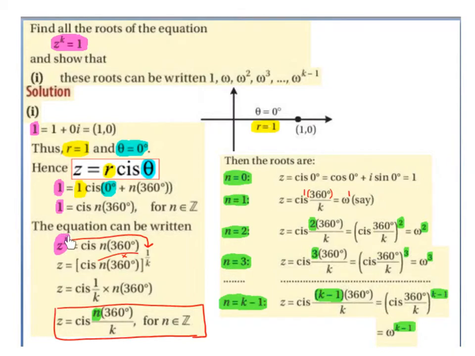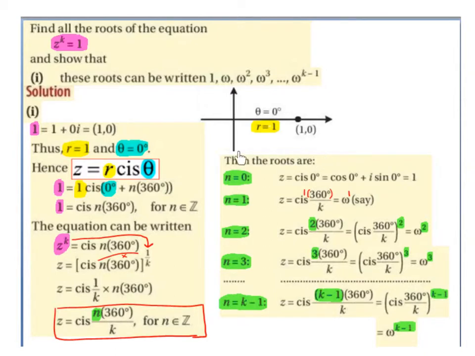The k comes over the equal sign and becomes the power of 1 over k. So we get z equals (cis n times 360 degrees) to the power of 1 over k. We're going to use de Moivre's theorem and multiply the angle by 1 over k. So z equals cis (1 over k times n times 360 degrees), so z equals cis (n times 360 degrees over k) for n an element of the integers.